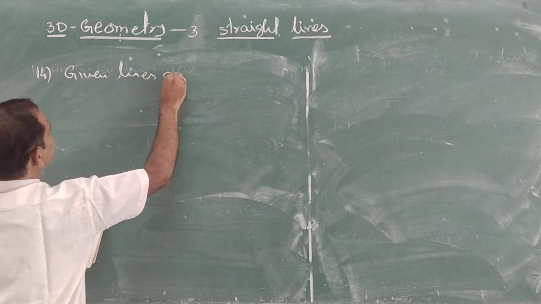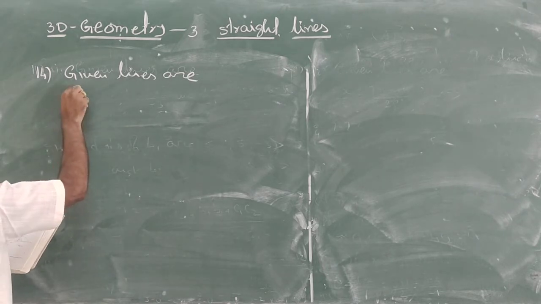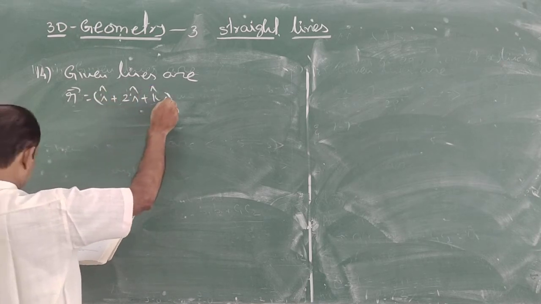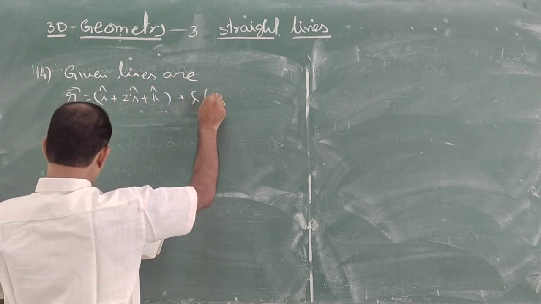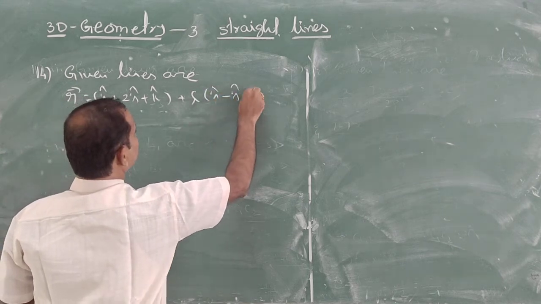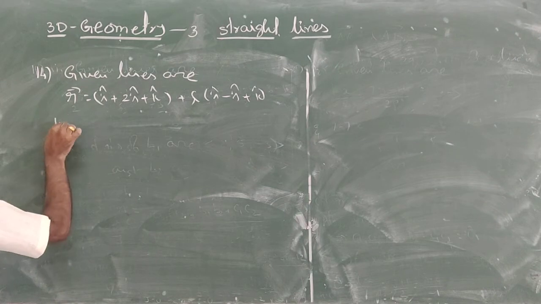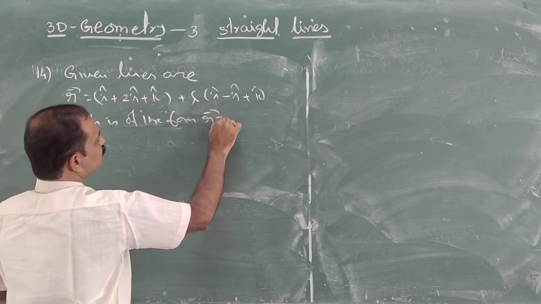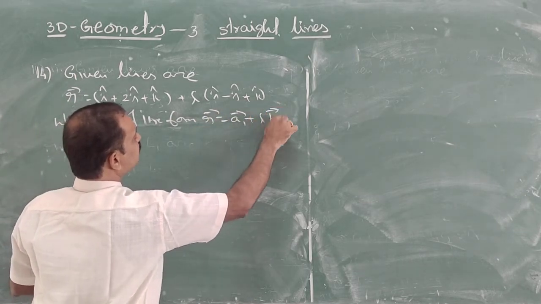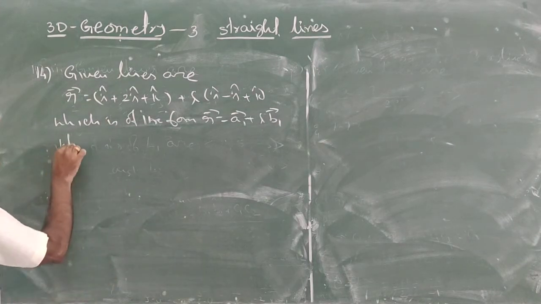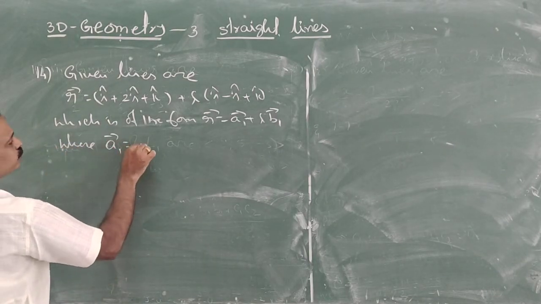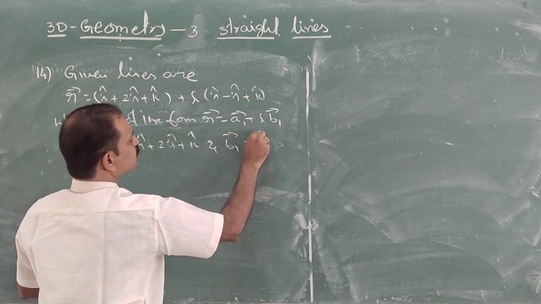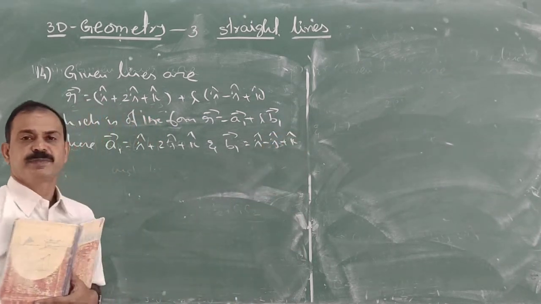Given lines r is equals to i plus 2j plus k plus lambda into i minus j plus k, which is of the form r is equals to a1 plus lambda b1, where a1 is equals to i plus 2j plus k and b1 is equals to i minus j plus k.